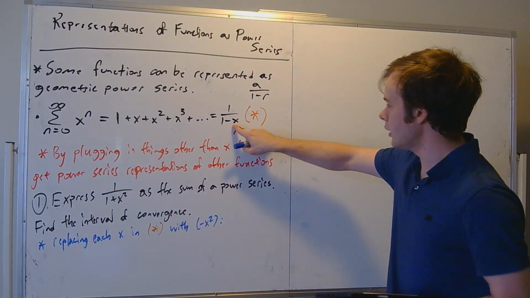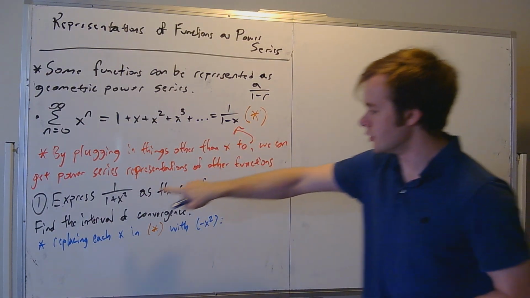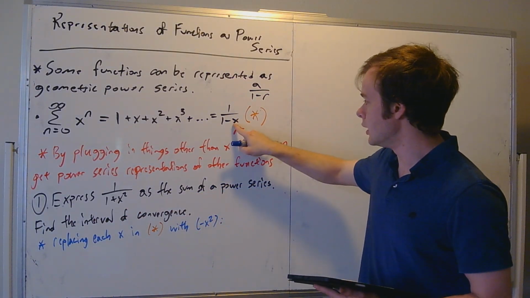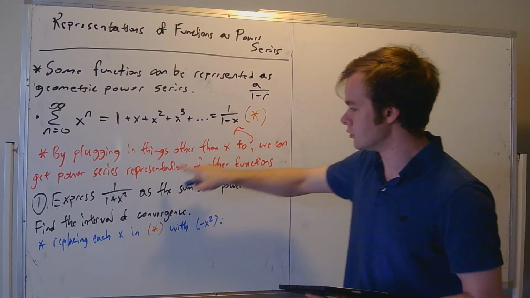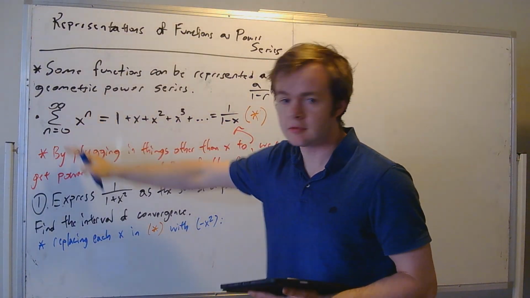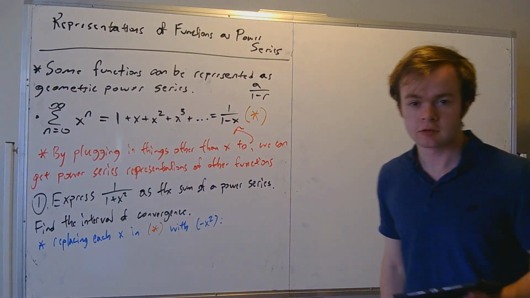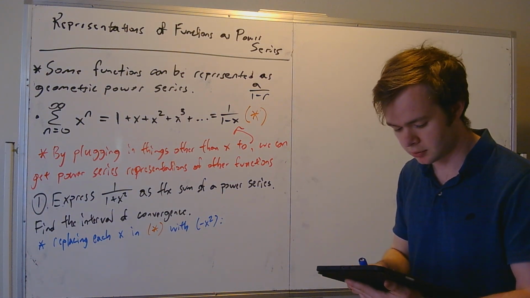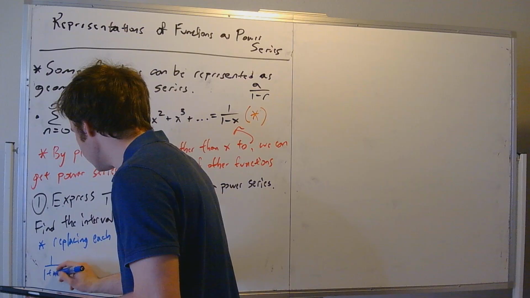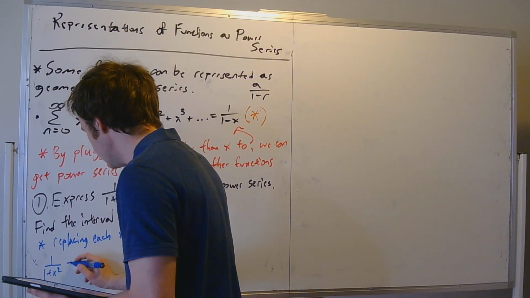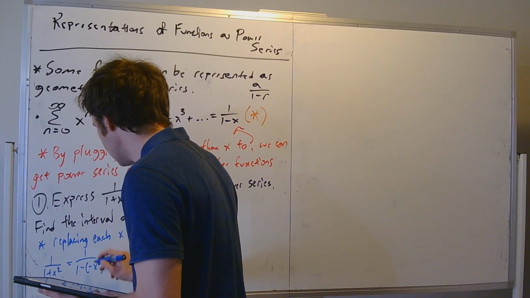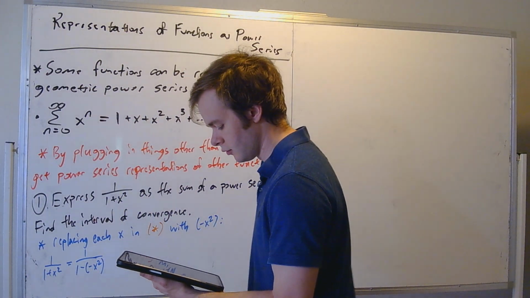If we replace this x with a negative x squared, then that's exactly how we get back to here. That's why I chose negative x squared as the thing to substitute in there. As long as we replace all the x's here with minus x squared, then we're going to get what we're looking for. So 1 over 1 plus x squared equals 1 over 1 minus negative x squared.